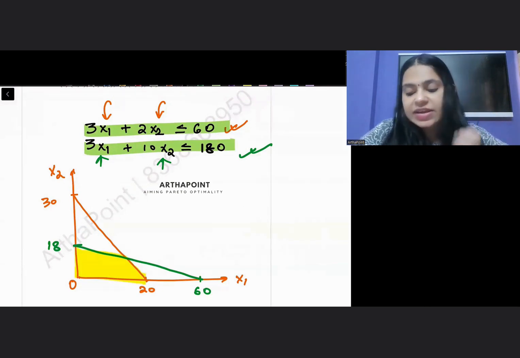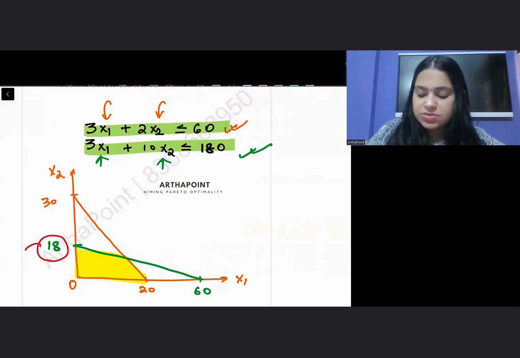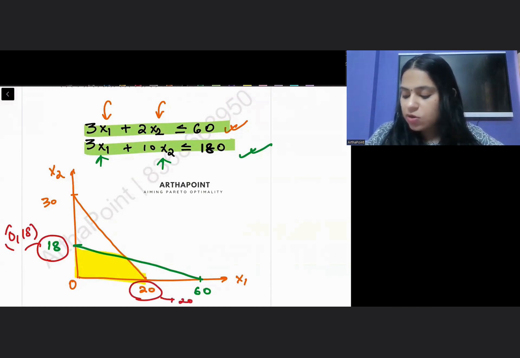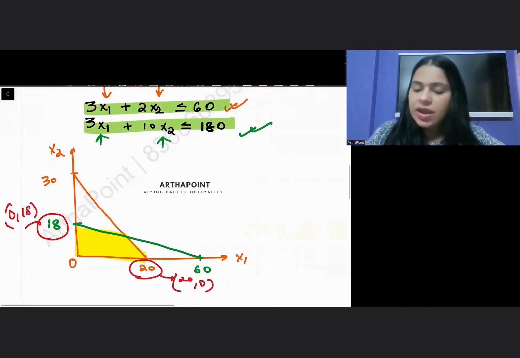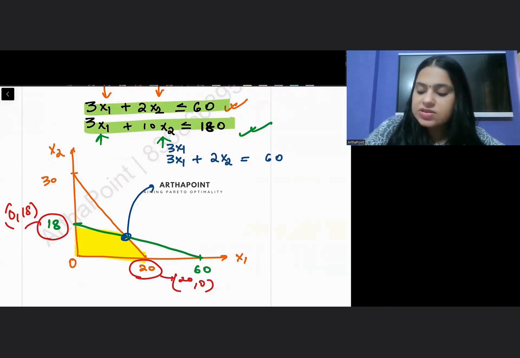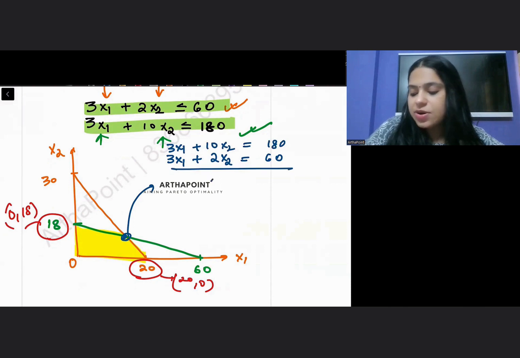The points that I need to evaluate are this point, 0, 18, and this point, 20, 0. I also need to find the point of intersection between the two. So I get 3x1 plus 2x2 equal to 60 and 3x1 plus 10x2 equal to 180, and I can subtract.